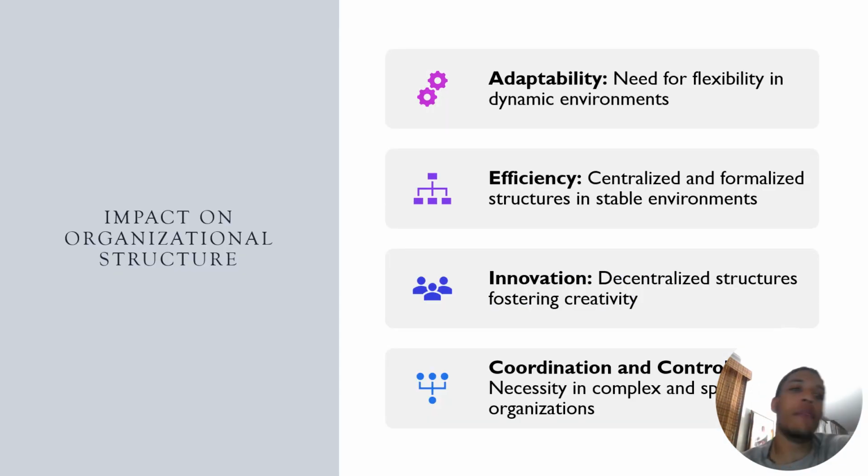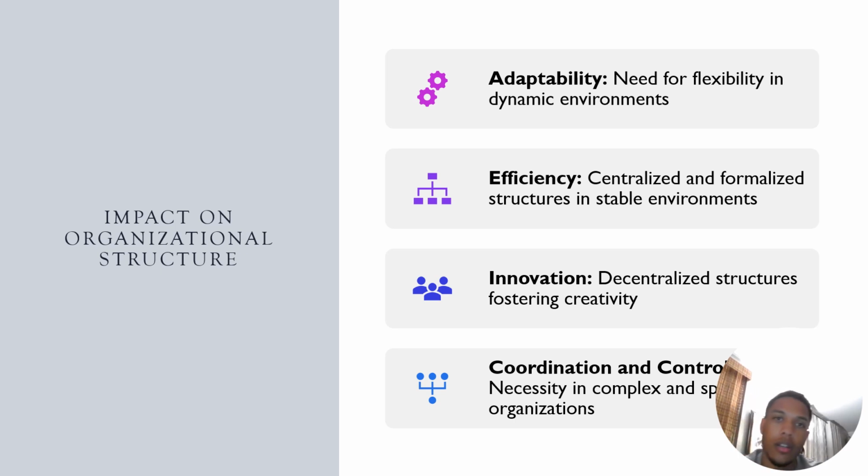Now we'll take a look at the impact on organizational structure: adaptability, efficiency, innovation, and coordination and control. The interplay between contextual and structural variables significantly impacts organizational structure. For example, organizations in highly dynamic environments might adopt a more decentralized or less formalized structure to remain flexible and responsive to changes, as said before. Conversely, in stable environments, a more centralized and formalized structure can enhance efficiency and control, ensuring consistent performance and quality.